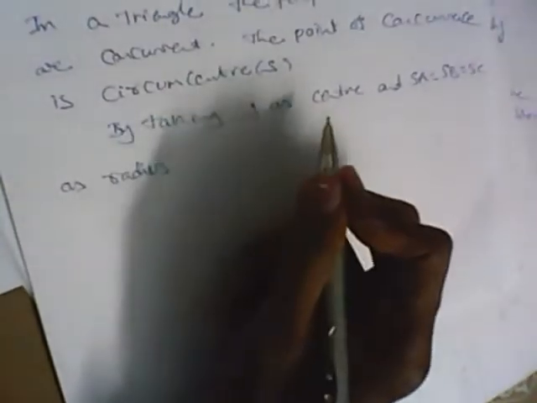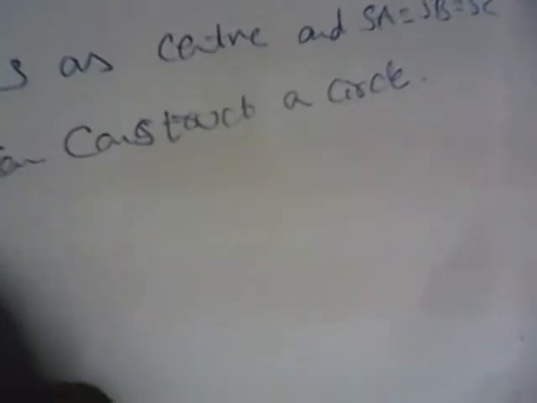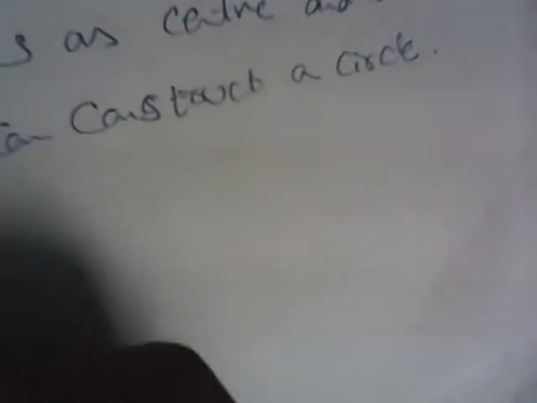So by taking that measurement as radius, we can construct a circle. It is called the circumcircle. It will be like this.